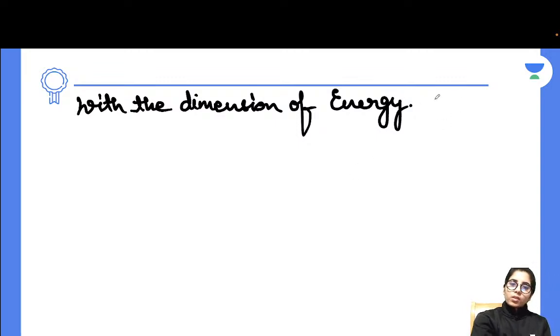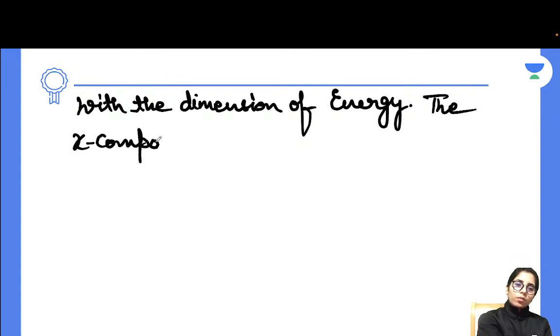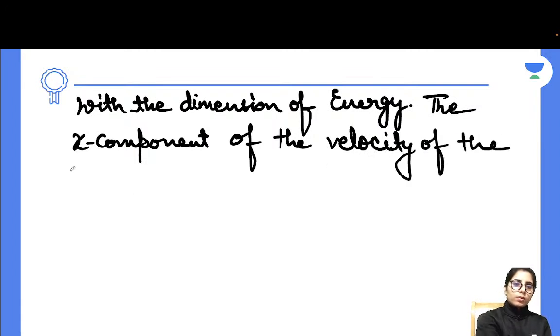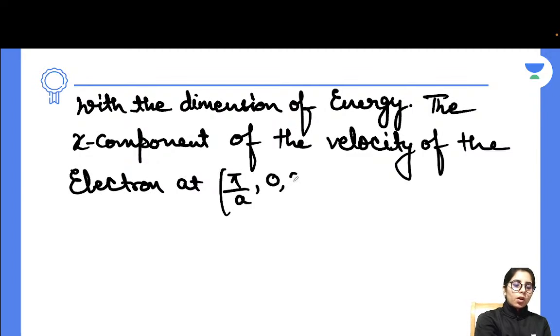The x component of the velocity of the electron at (pi by a, 0, 0) is... Options are: option A, minus 2 epsilon naught a by h cut.